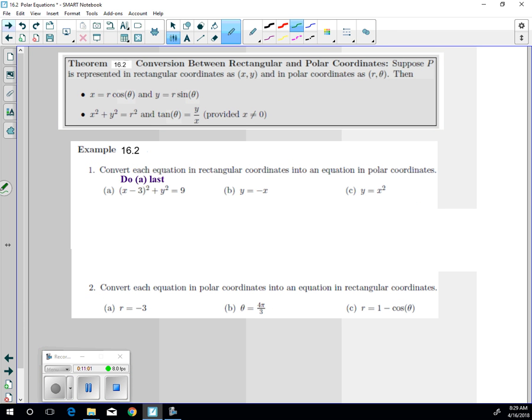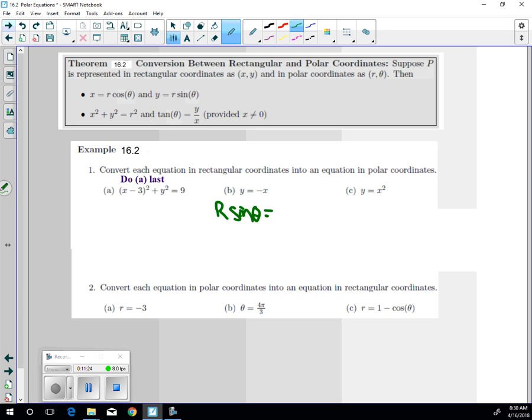This isn't too bad. Let's say that we wanted to convert equations into other equations. So let's start with this one, y equals negative x, and we want to convert this into polar. Well, we said y was r sine theta.